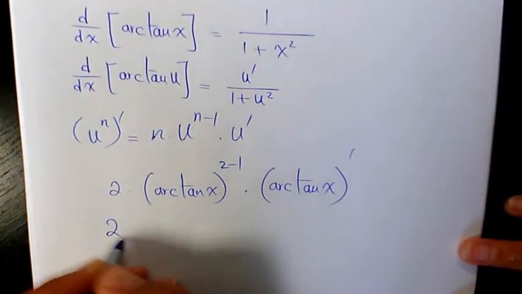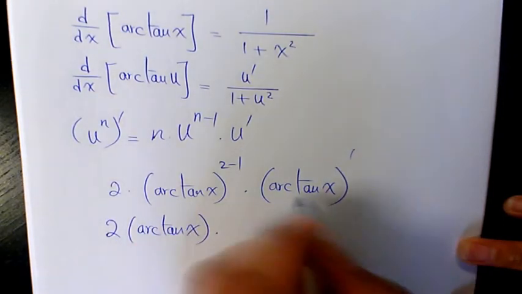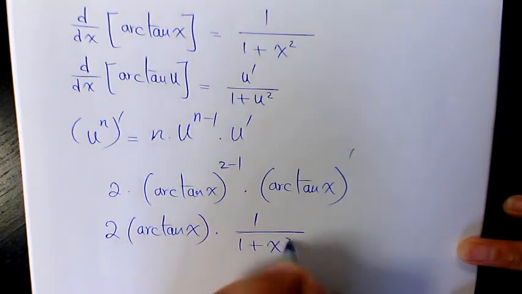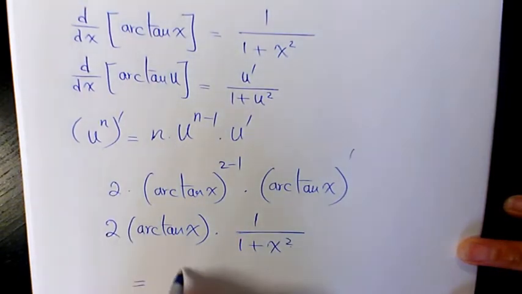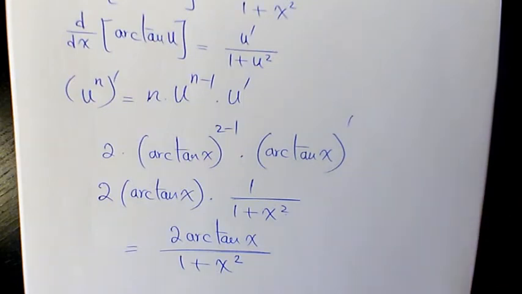That's going to be 2 times arc tan x times the derivative of arc tan x, which is 1 over 1 plus x squared. So we can say 2 times arc tan x over 1 plus x squared. So that's going to be the final answer.